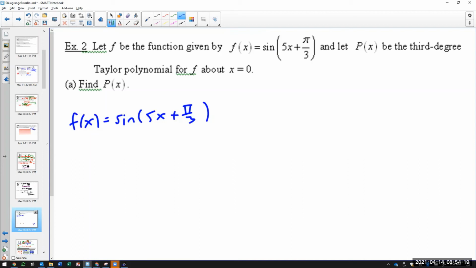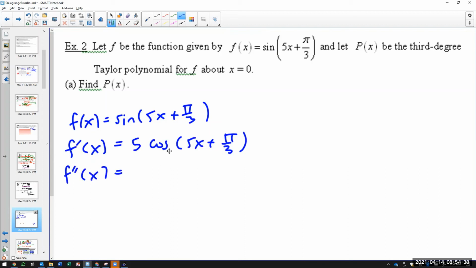So this is f of x. I'm going to take the derivative of this. The derivative is going to be cosine of 5x plus pi over 3, since the derivative of sine u is cosine u times the derivative of u, so times 5. Then I take the derivative of that. The derivative of cosine is negative sine of 5x plus pi over 3, but then I have to multiply by the derivative of the inside, which is 5.